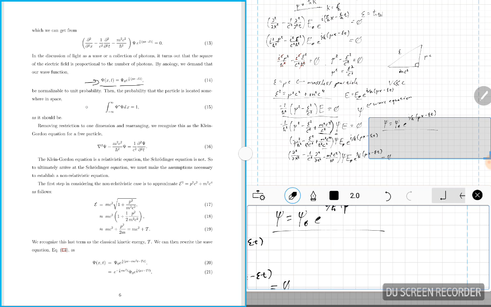If we have a particle with such a wave function psi, then our probability of finding it anywhere between negative infinity and infinity has to be 100%. If our particle exists, it has to be somewhere. So if we integrated the complex conjugate of the wave function times the wave function over infinite space, we would have a 100% chance of finding our particle there.